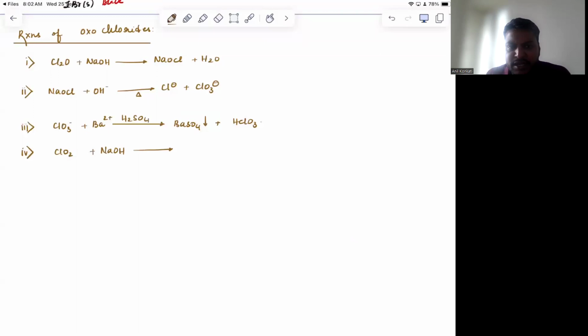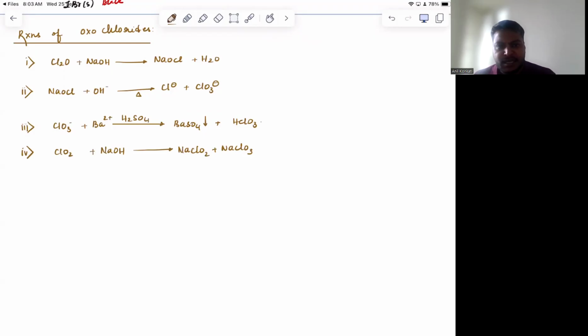So since it is a mixed anhydride, we can expect this to give reactions as NaClO2 plus NaClO3. Got it?